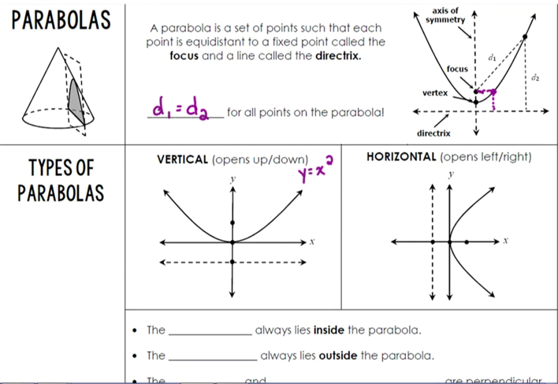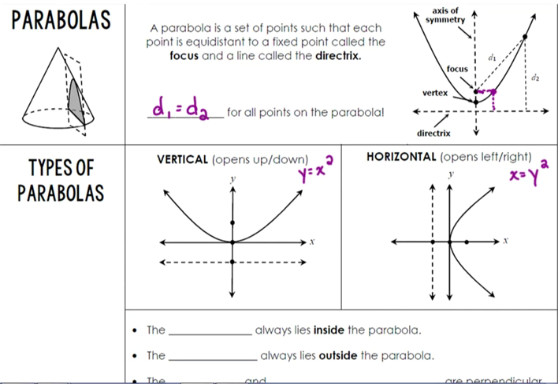So if we turn that sideways, we're just changing our variables. The general form for that would be x is equal to y squared. You're more familiar with looking at it as the square root function. It's just the positive and the negative square root function.